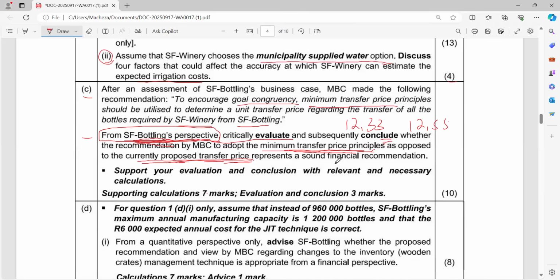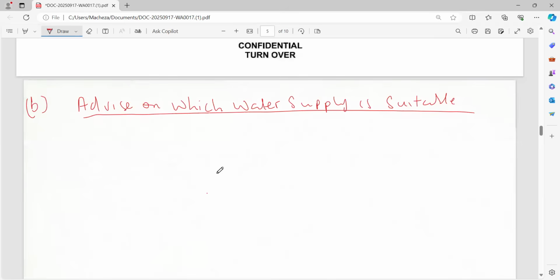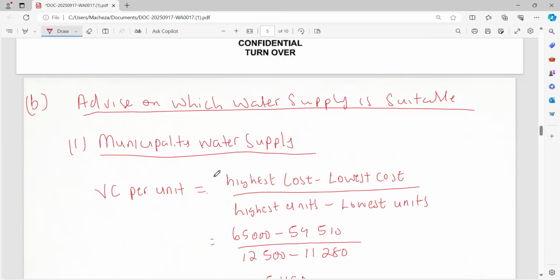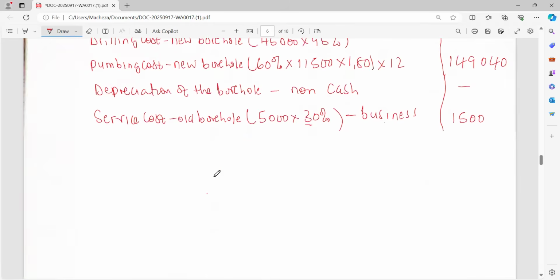We should consider SF Bottling, right? So in our answer, we now have the answer. Then we just come and put it here like this.